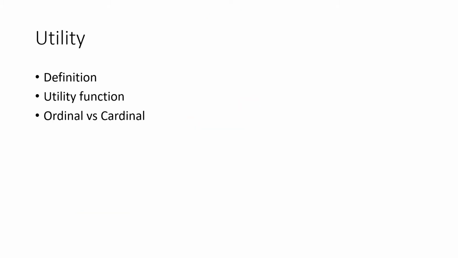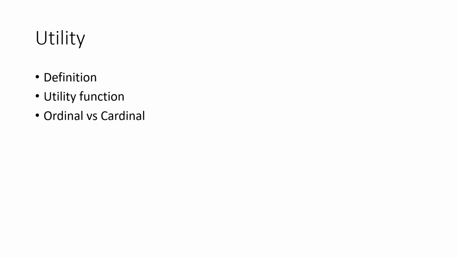So starting with the utility function and defining what utility is, I would refer back to our previous discussion on the properties of consumer preference. There were 5 properties that we discussed: completeness, transitivity, non-satiability, continuity, and strict convexity.